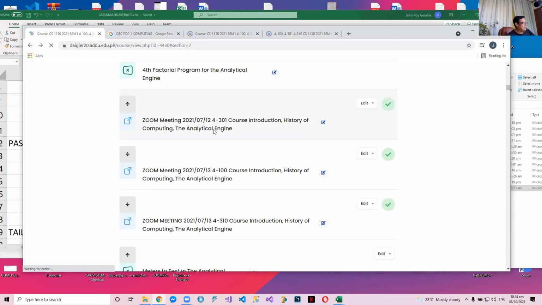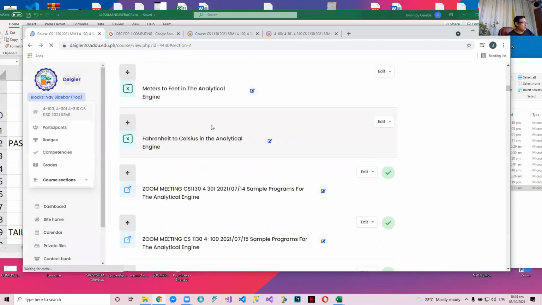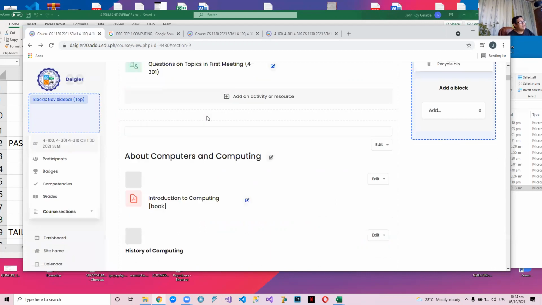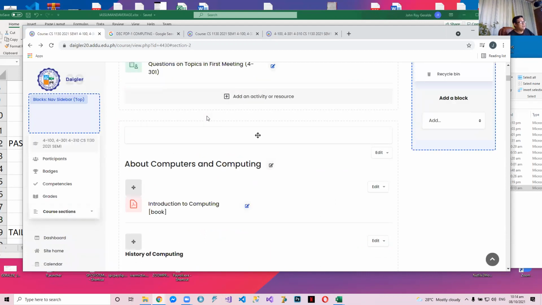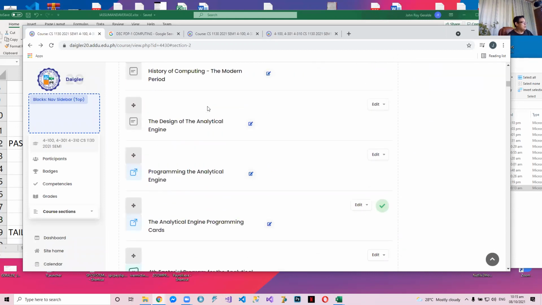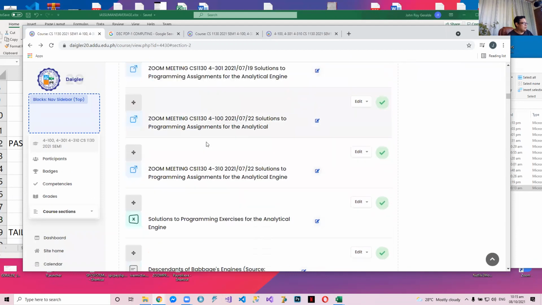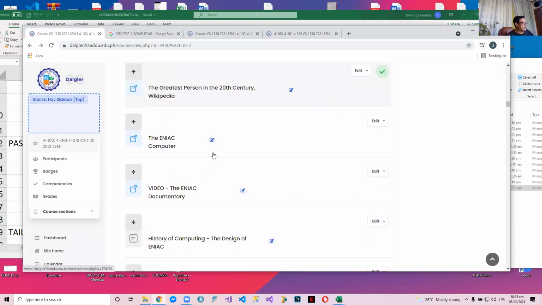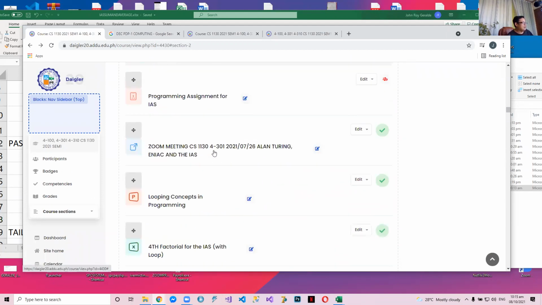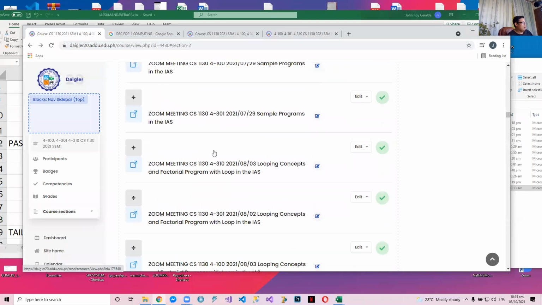From 1952 to 1960, this is the time of the vacuum tube computers. I think that's the second generation, because the first generation is the mechanical computers. First generation is mechanical.